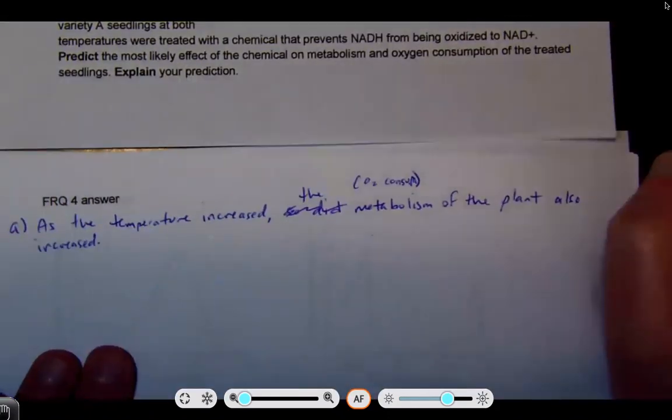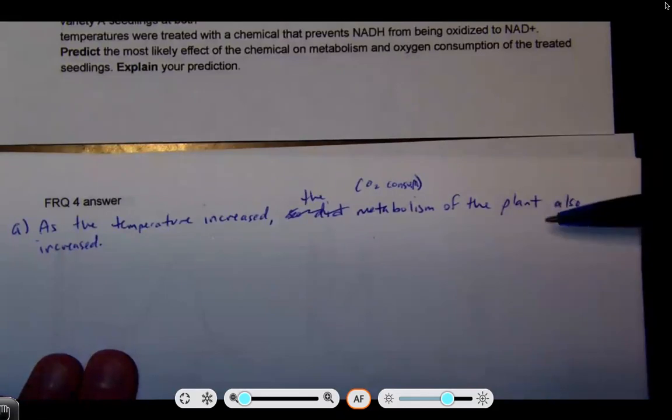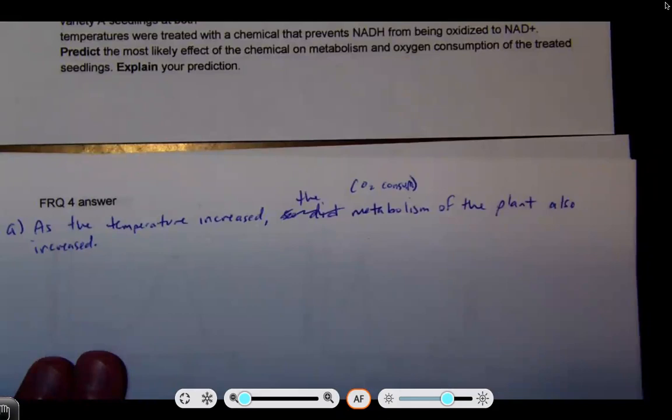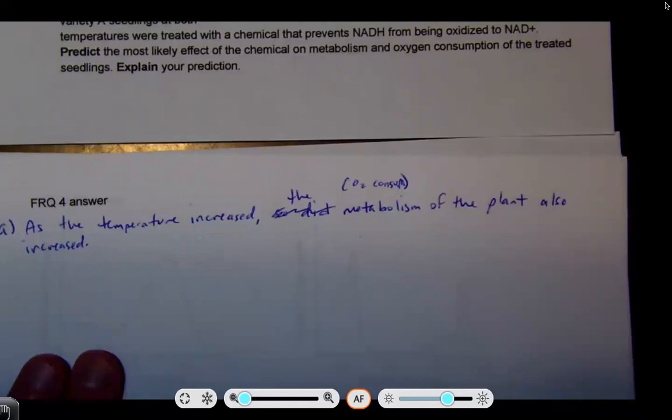It also asks you, so that's the first part, okay? That's just 1 point out of this question. The second thing it's going to say is you also need to discuss the effect of temperature on metabolism for each variety of seedling.